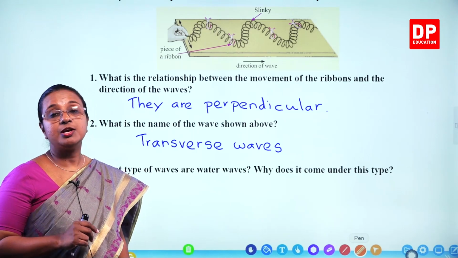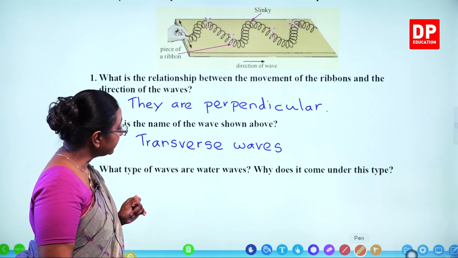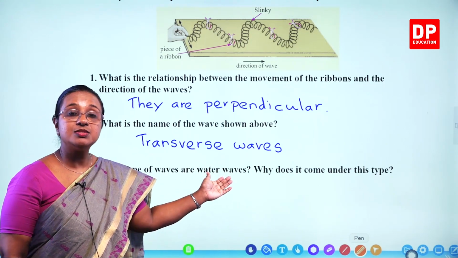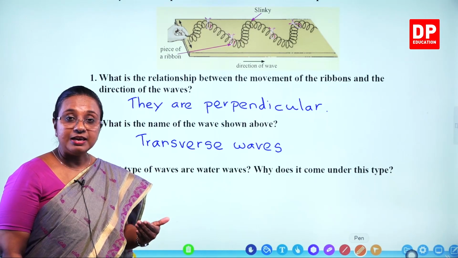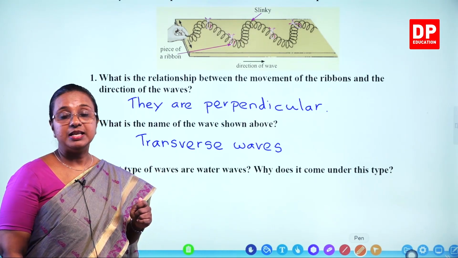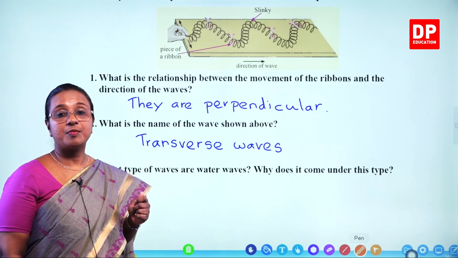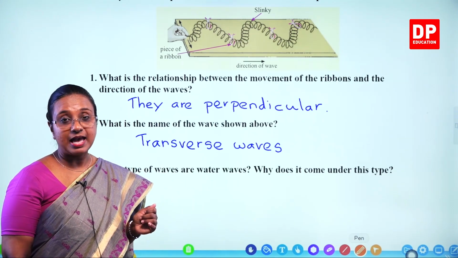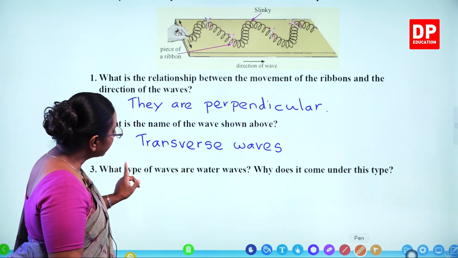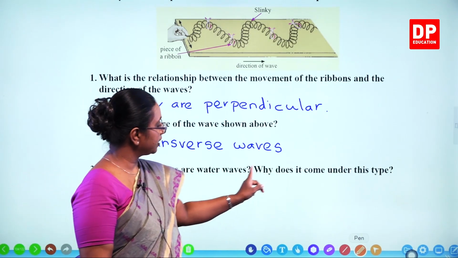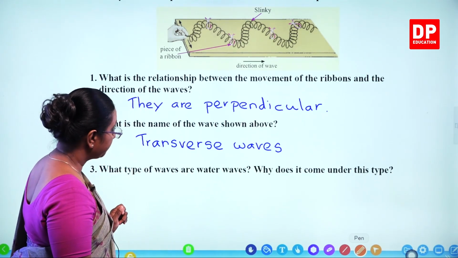That is why we call it a transverse wave. It is a mechanical wave. Why? It's water waves. So, water is a medium. A wave that propagates through a medium or a wave that needs a medium for propagation is a mechanical wave. So here they have asked what types of waves are water waves. Why does it come under this type?